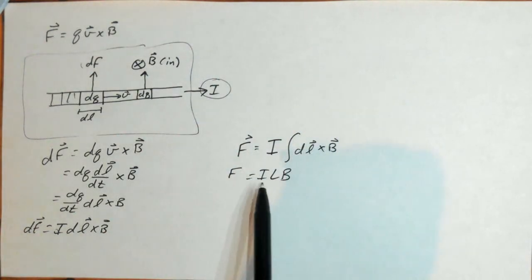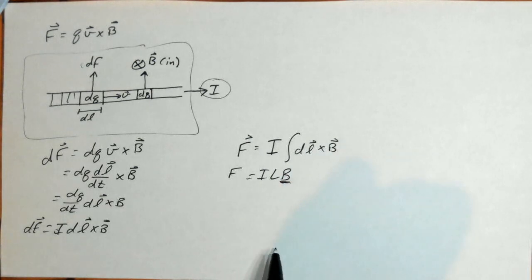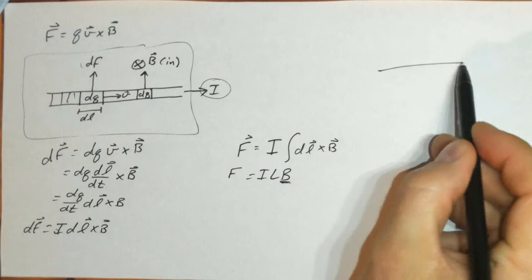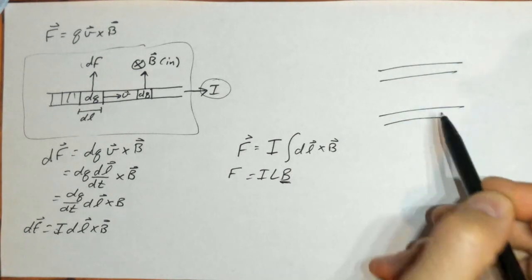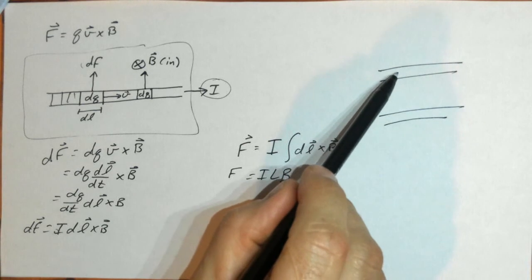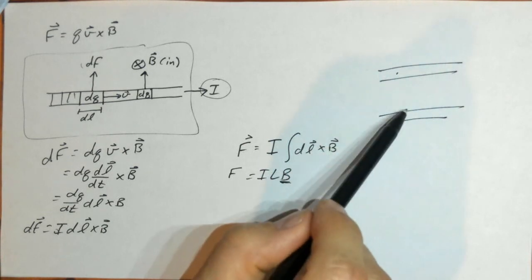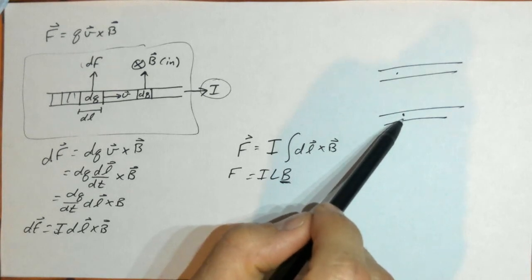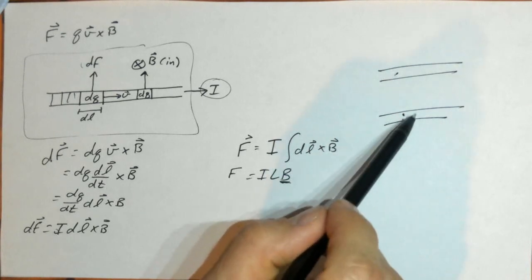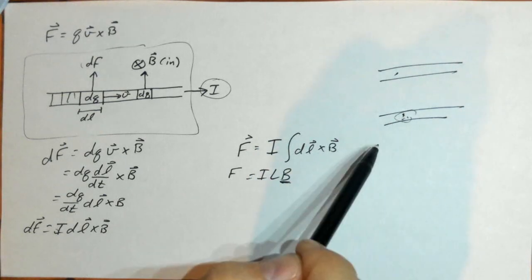Now the text does a nice derivation to show what if this B field is from another wire, since we know the B field from a wire. So what if we have these two wires sitting here, and we want to say, what's the force between them? It's going to be the B field from this wire here, which we can calculate. There would be a B field at this location due to this wire, and then we multiply that through this equation by the current flowing through this one and its length.